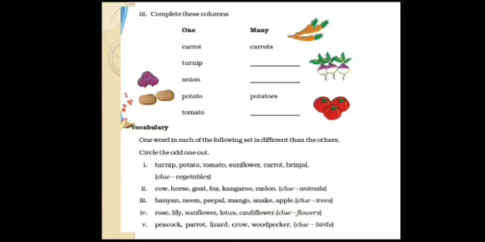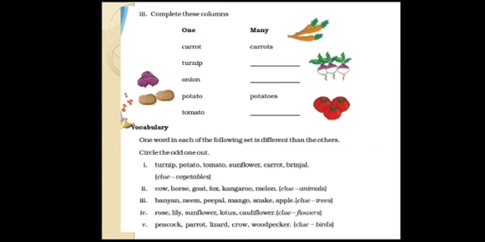It is a part of grammar. Singular, plural, or one, many. Yes, then vocabulary. Odd one out. Odd one out means you have to find the different word given in the group of words.